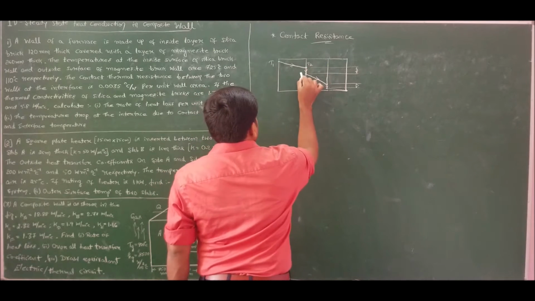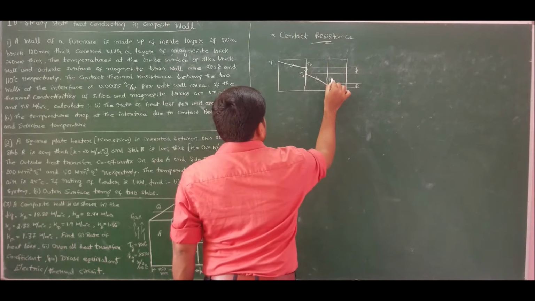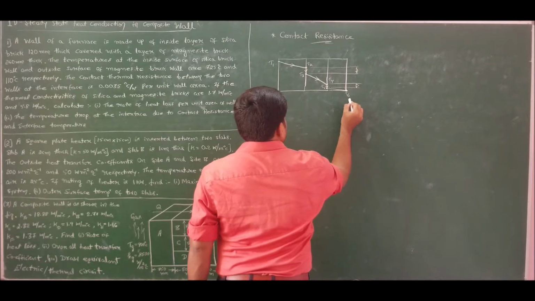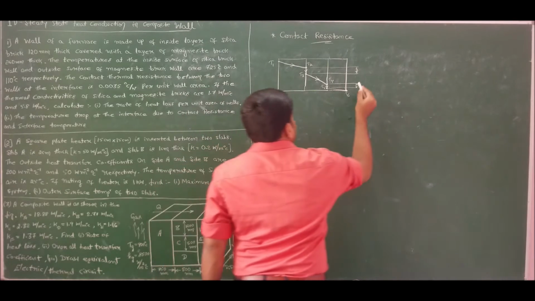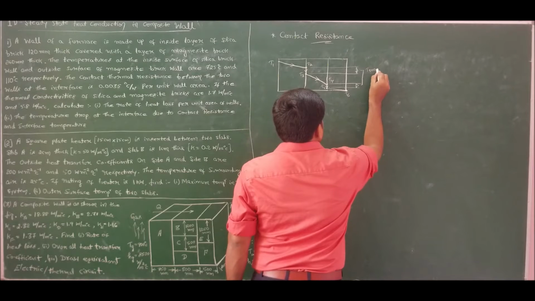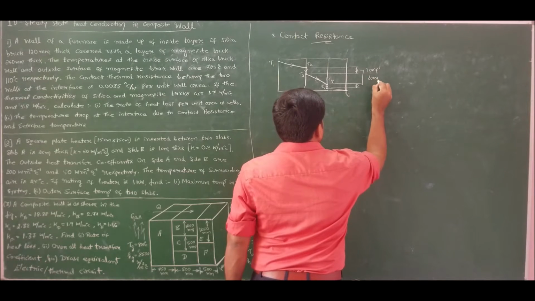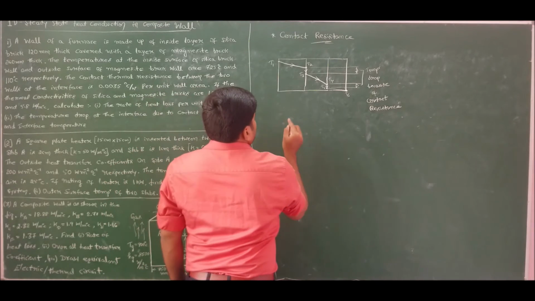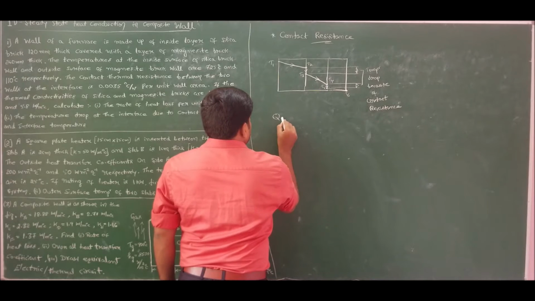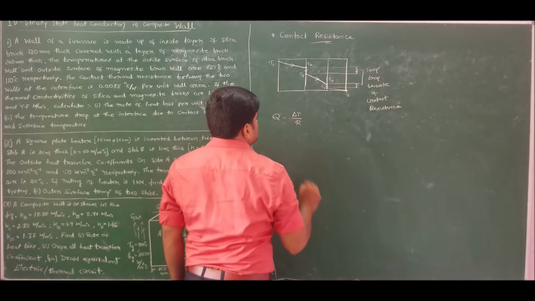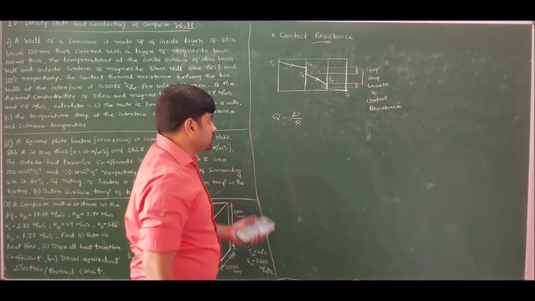Taking the temperatures as T1, T2, T3, T4, T5, and T6, these two drops are termed temperature drop because of contact resistance. Now, from the analysis, we know that the rate of heat transfer Q is equal to delta T by the resistance between the two points.